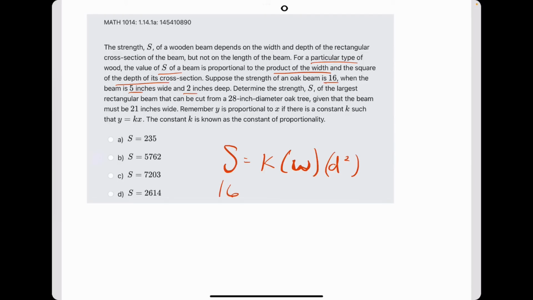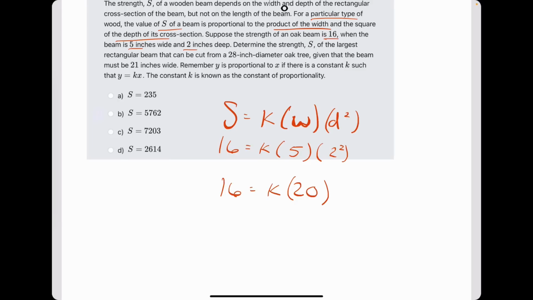So we have 16 equals K times 5 times 2 squared. If we multiply 5 times 2 squared, or 5 times 4, we get 20. So we have K times 20. We solve for K by dividing by 20. We get 16 over 20, which is equivalent to 4/5.